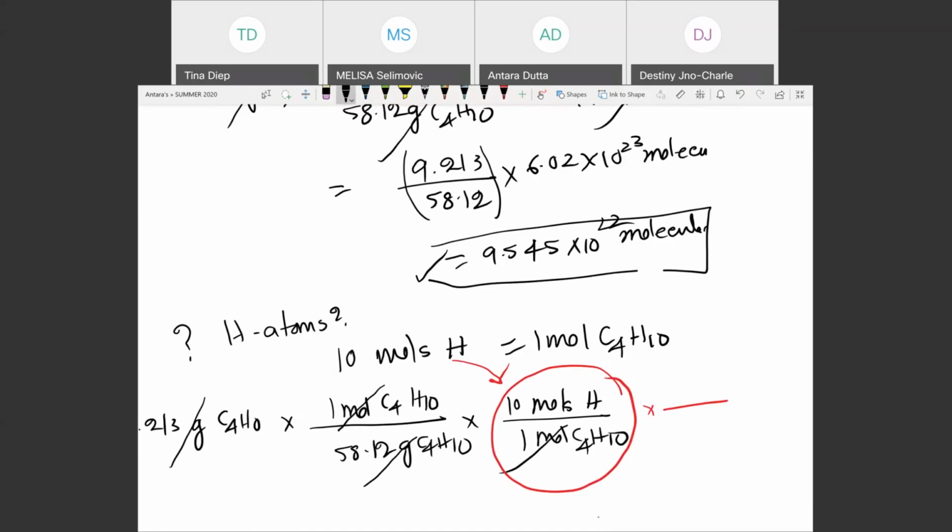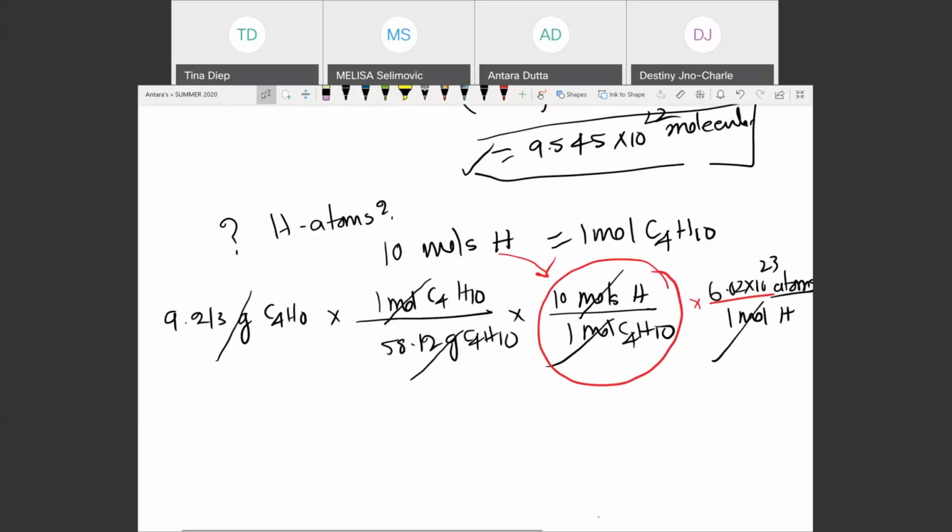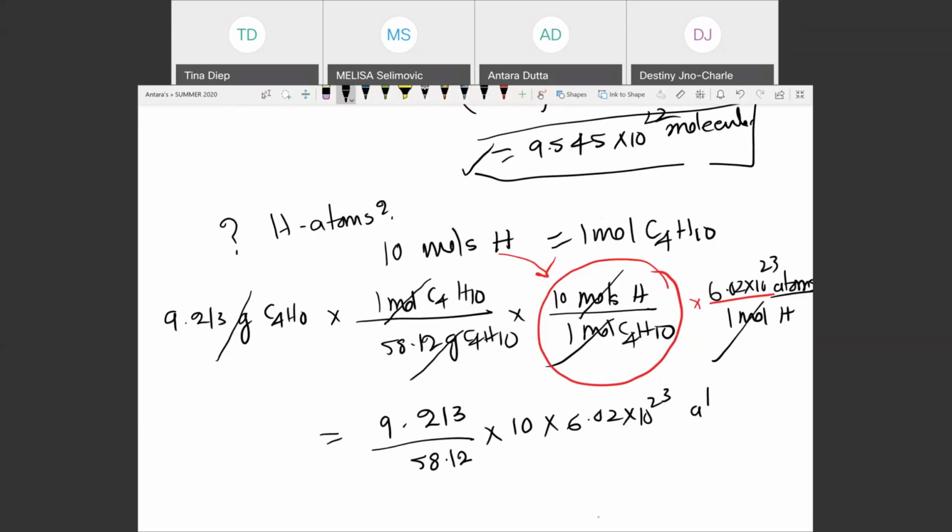You write 6.02 times 10 to the 23 atoms of hydrogen is equal to 1 mole of hydrogen. So I'm getting almost the same number: 9.213 over 58.12 times 10 times 6.02 times 10 to the 23 atoms of hydrogen.